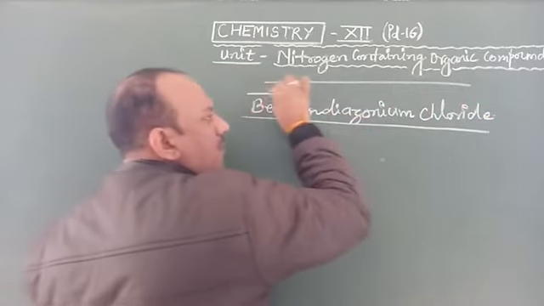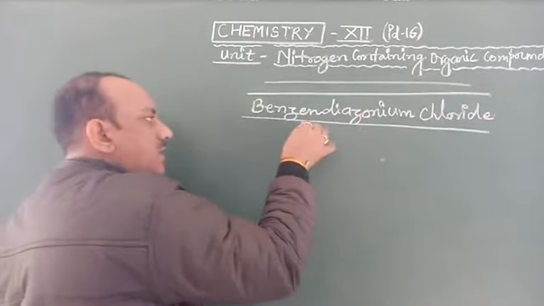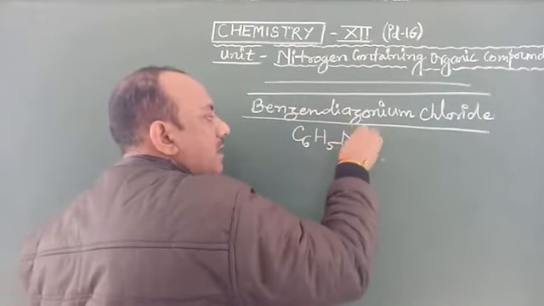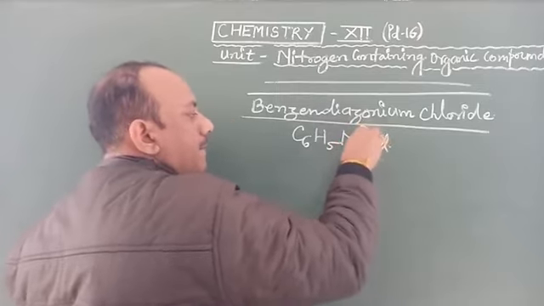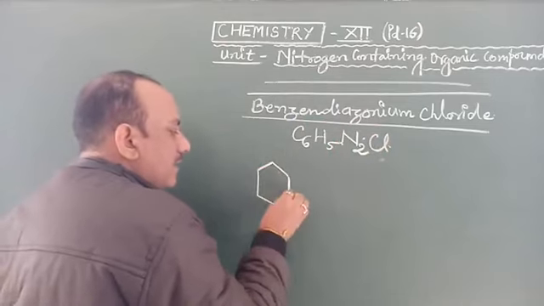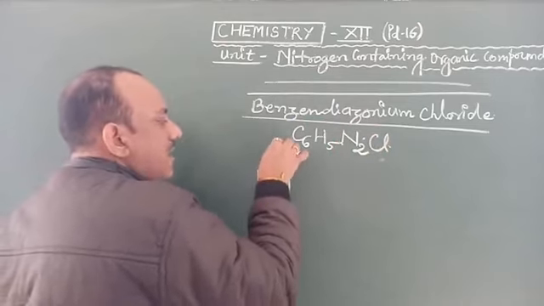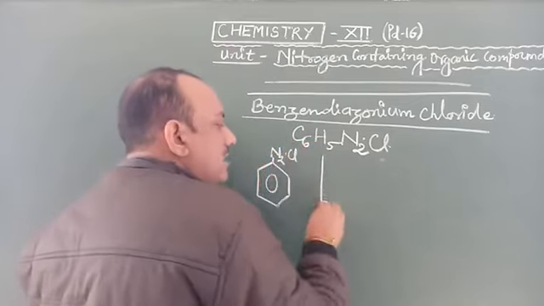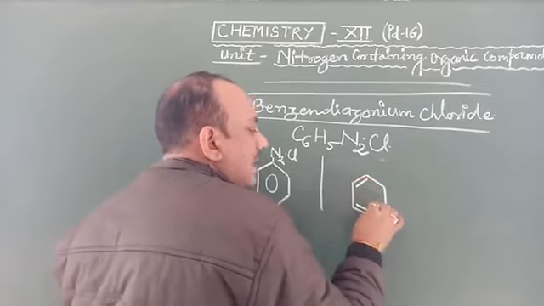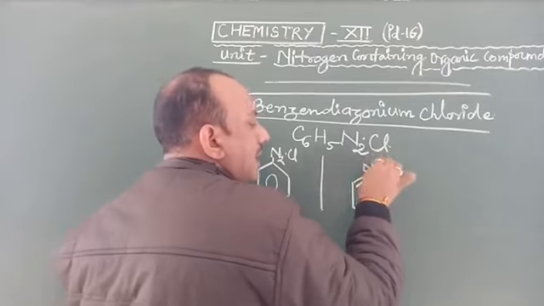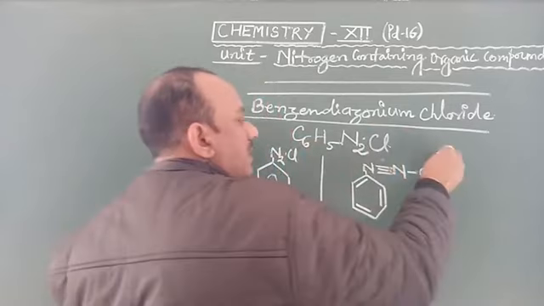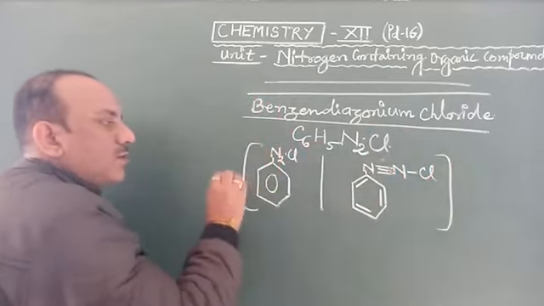The molecular formula of benzene diazonium chloride is C6H5N2Cl, and the structural formula is also C6H5N2Cl. It is also represented by the bond structure, alternate double bonds, nitrogen with a triple bond and chlorine with a single bond. This one is the structure of benzene diazonium chloride.